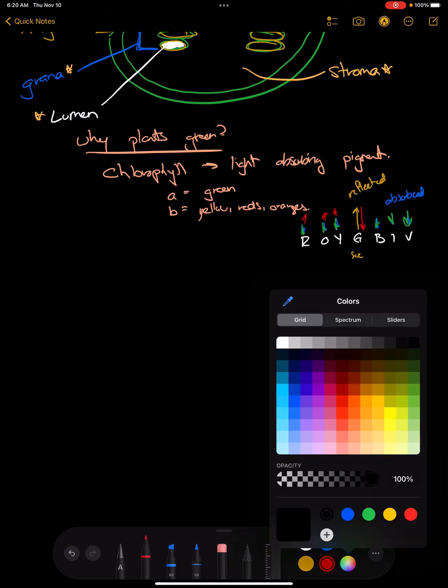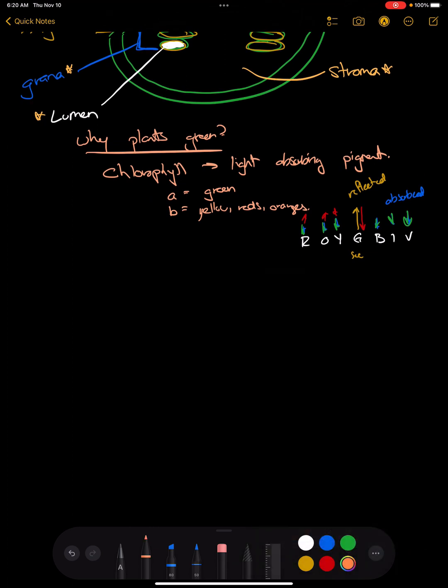Now, let's talk about reactions, all right? Now, photosynthesis, there are two different reactions we're going to look at. The first reaction is called the light reaction, or it could be called the light dependent reaction, that's because it depends on light, right?